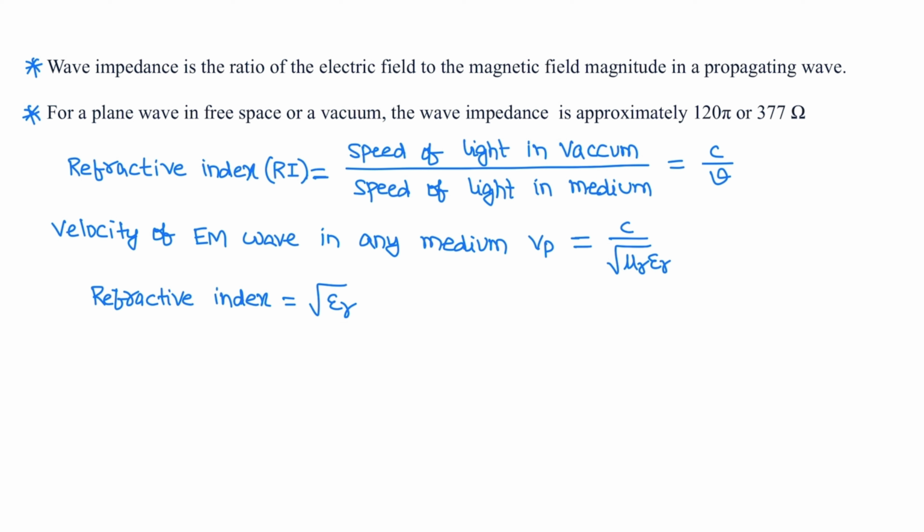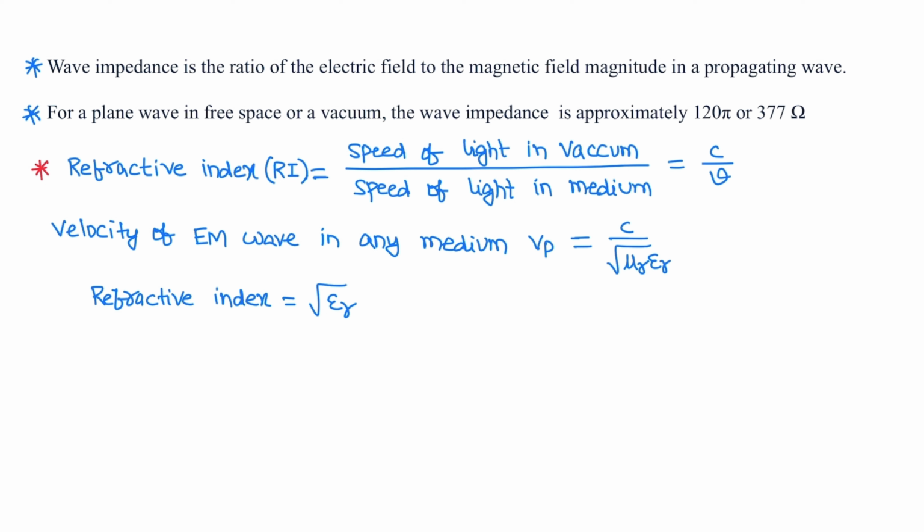In terms of refractive index, the definition of refractive index is the speed of light in vacuum to the speed of light in a medium. The velocity of an EM wave propagating in any medium is the phase velocity Vp equal to c by square root of mu r epsilon r.